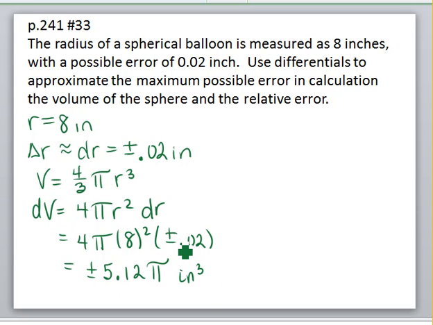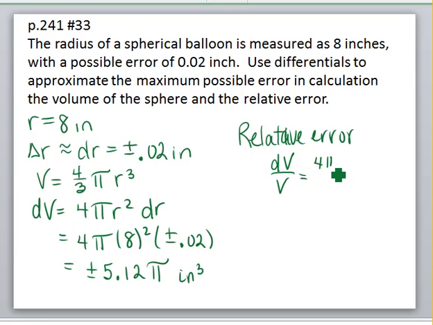Alright, so that is my possible error. My relative error is denoted as dV over V. Well, dV is 4 pi r squared dr, and V is 4/3 pi r cubed.